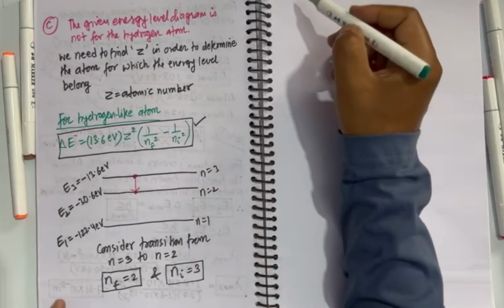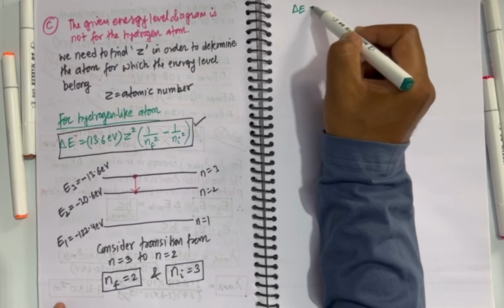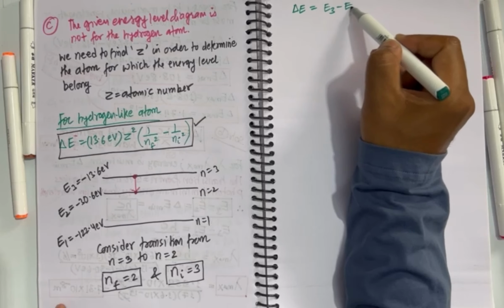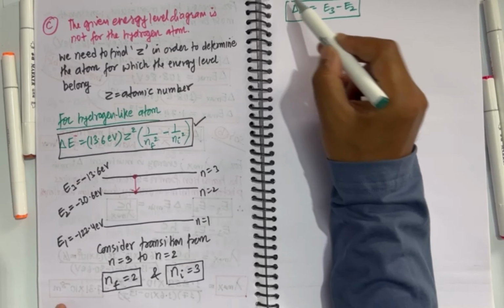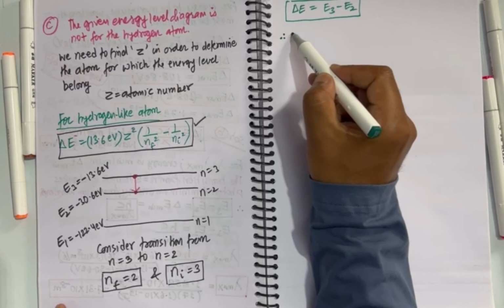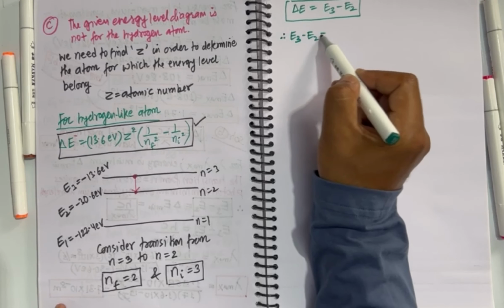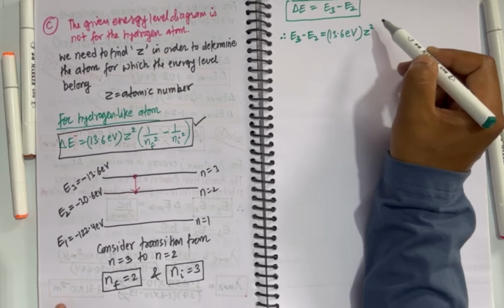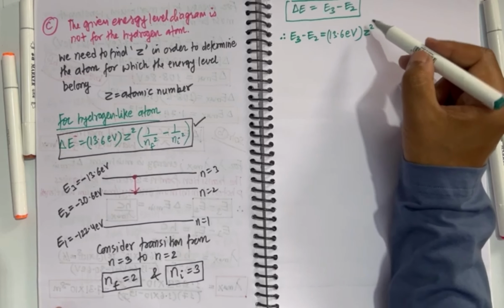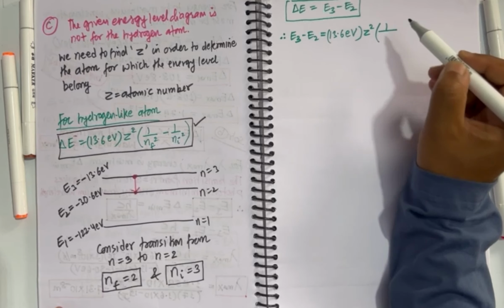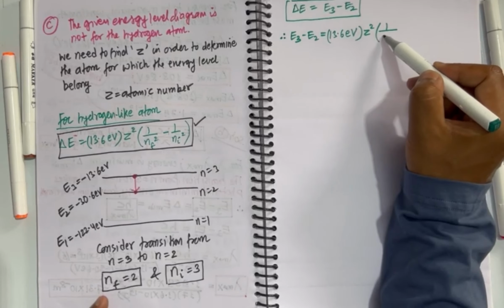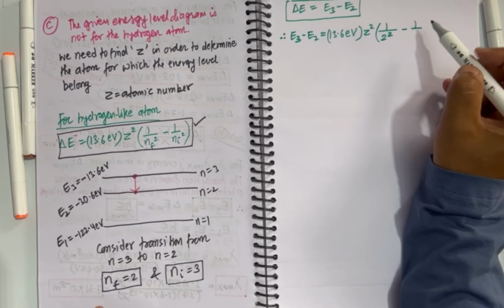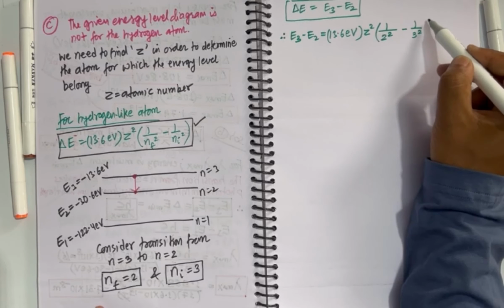So delta E is E3 minus E2. Therefore, we can write E3 minus E2 equals 13.6 electron volt times Z square times 1 by NF square, NF is 2 and 2 power 2, minus 1 by Ni square, Ni is 3 and 3 power 2.